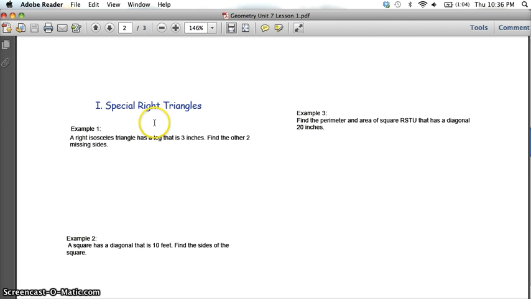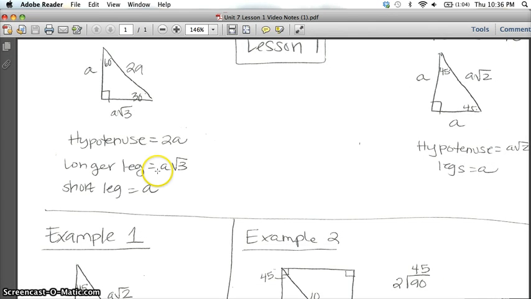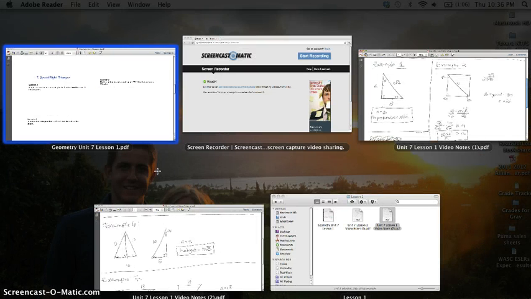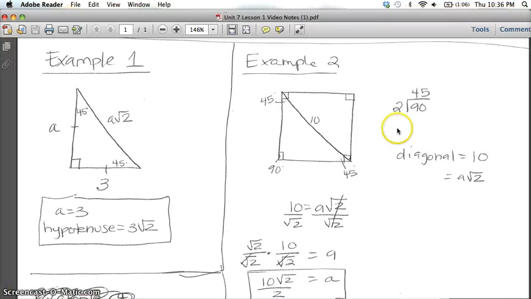Now, we're going to do examples 1, 2, and 3 together. So let's go ahead and get to that work. In example 1, it asks us, a right isosceles triangle has a leg that is 3 inches. Find the other 2 missing sides. Remember, an isosceles triangle means that there are 2 sides that are congruent.